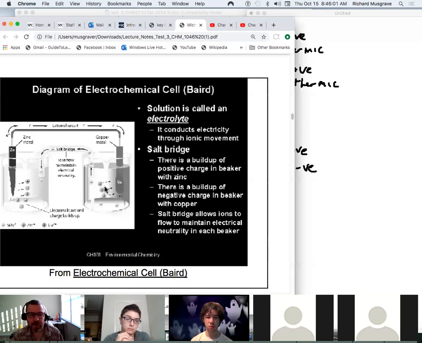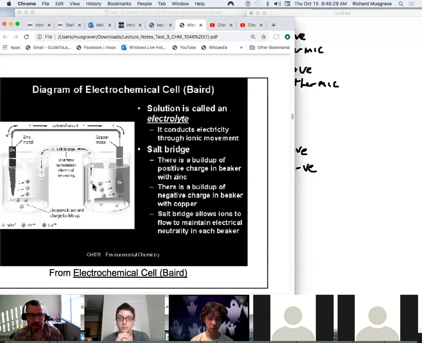What that means is on the side of the copper, there's less positive ions, and on the side of the zinc, there's going to be more positive ions. So the negative counter ions, in this case sulfates, will flow through the salt bridge from the copper to the zinc side. This is to maintain electrical neutrality.